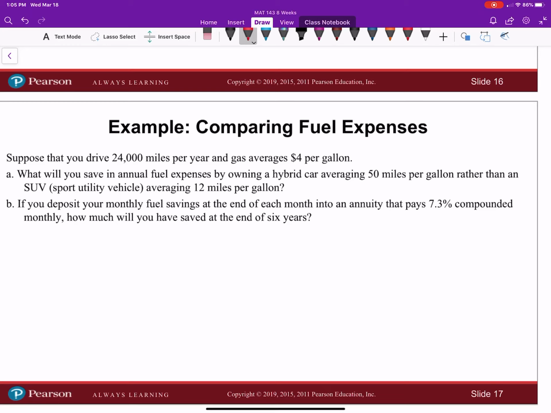What will you save in annual fuel expenses by owning a hybrid averaging 50 miles per gallon rather than a SUV, sports utility vehicle, averaging 12 miles per gallon? If you deposit your monthly fuel savings at the end of each month into an annuity that pays 7.3% compounded monthly, how much would you have saved at the end of 6 years?